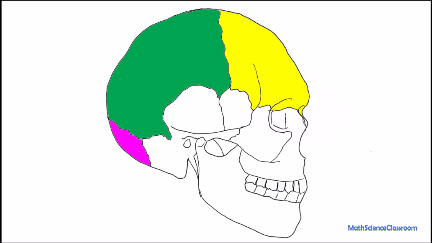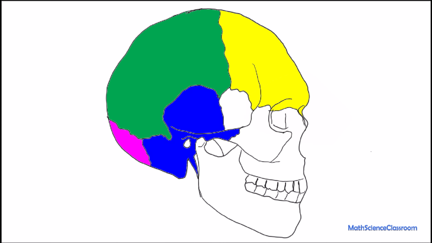We'll color the temporal bones blue. So notice that the temporal bone is surrounding the acoustic meatus.